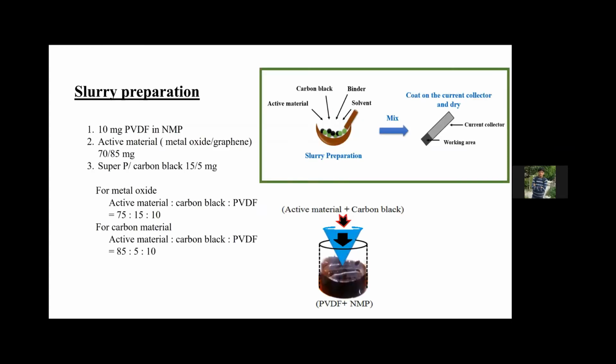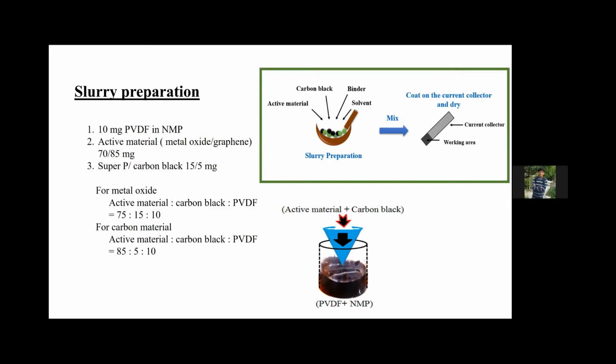The most common process that many people use to make the device is slurry preparation. During this slurry preparation, they deposit their material on the current collector. To get the slurry, we generally consider four components.